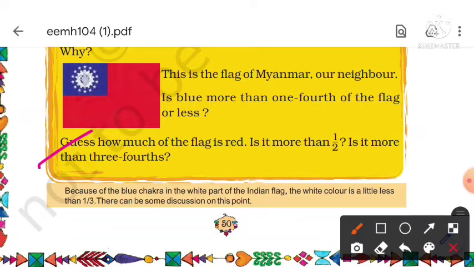If you look at this figure, we can say easily that the red portion of the flag is more than half, because if you divide the flag into two equal parts, we can see that it is more than half. Also, it is more than 3/4.